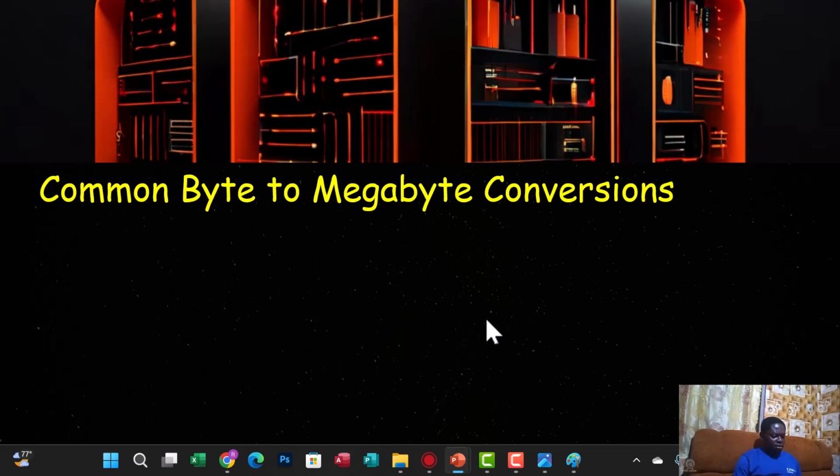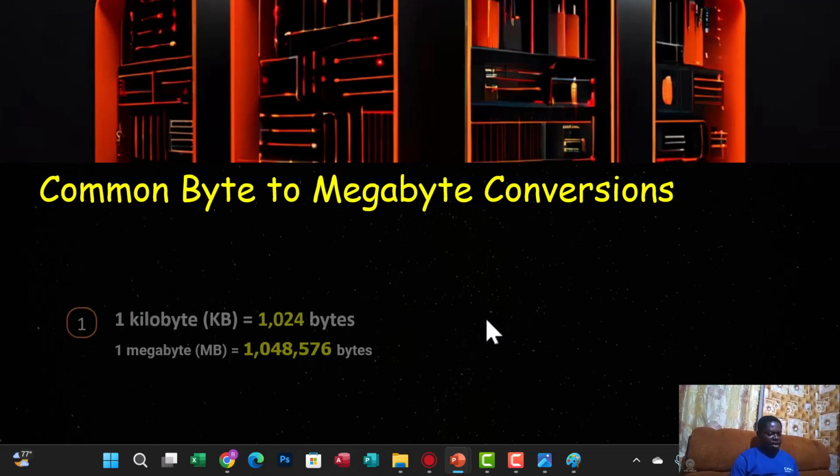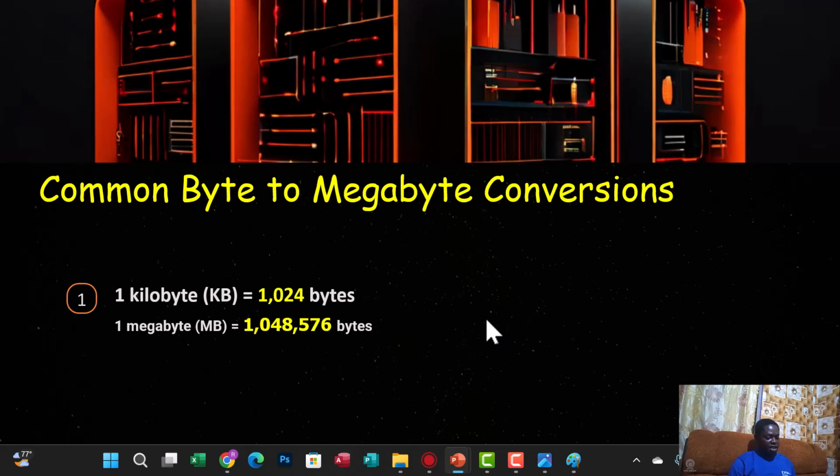Common byte to megabyte conversions that I need you to take note of. First, 1 kilobyte is equal to 1024 bytes. Then 1 megabyte is equal to 1,048,576 bytes.